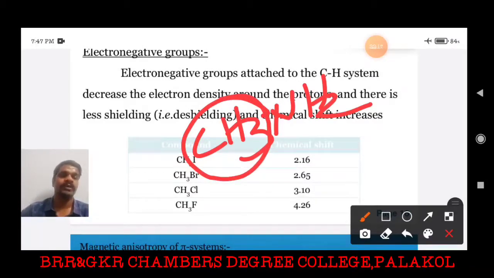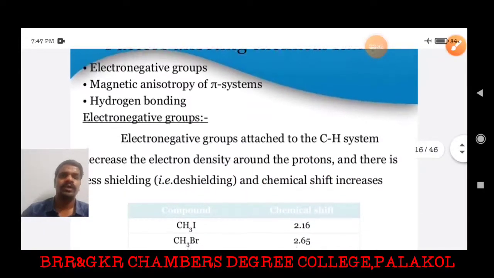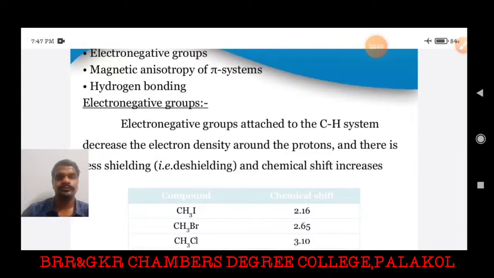That means in methyl fluoride the hydrogens are surrounded by fewer electrons compared to the oxygen-containing or nitrogen-containing systems. So this is how the electronegativity influences the chemical shift values.